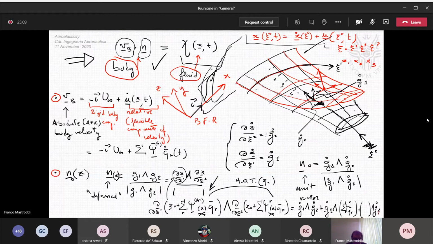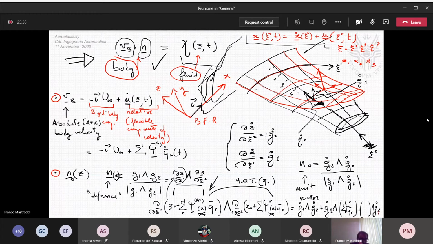This is the projection of the body wall velocity onto the normal to the body, and both these quantities have unsteady components, because the body velocity VB is the sum of a rigid body translation given by the aircraft. So these boundary conditions refer to a translation of the aircraft, not to another kind of maneuver, a complicated maneuver.